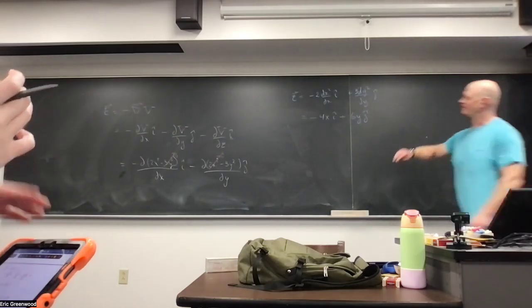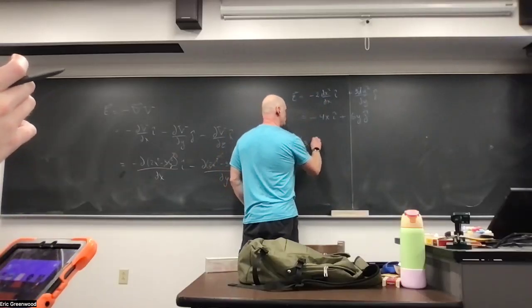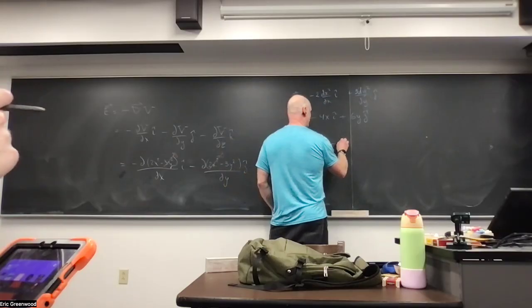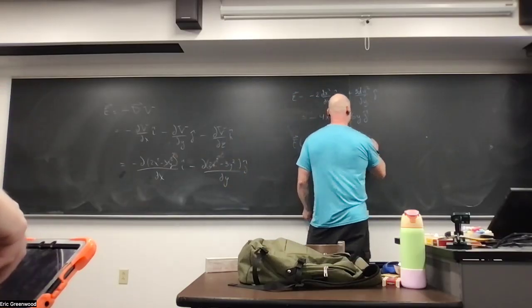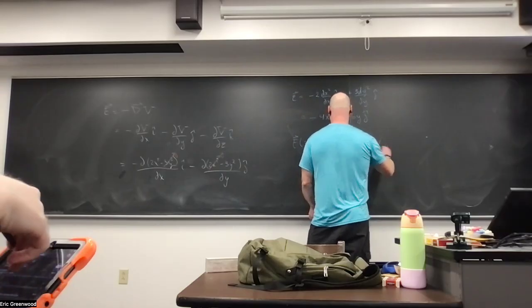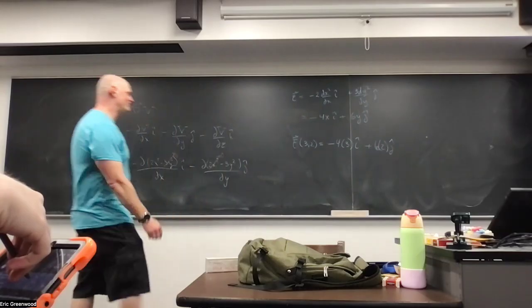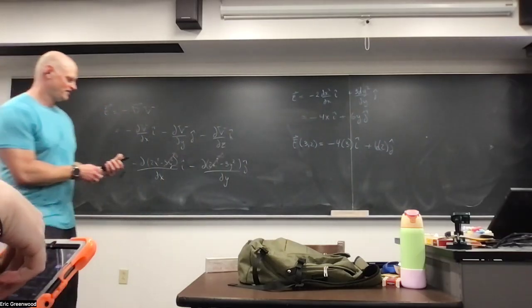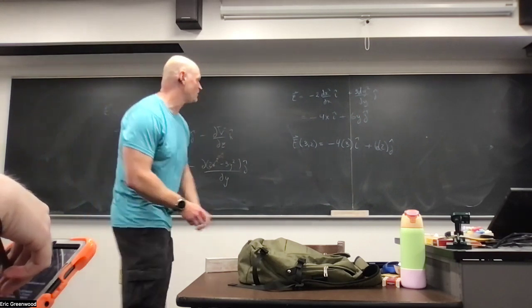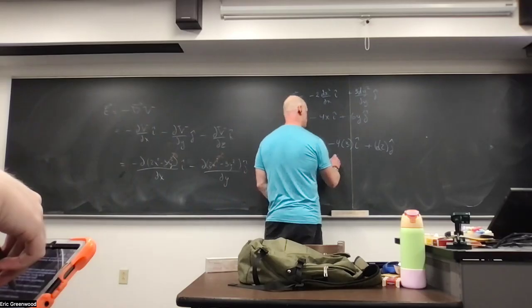So now all I'm going to do is plug in those 2 points here. So E at 3, 2 is going to be the same thing as minus 4 times 3 in the I hat direction plus 6 times 2 in the j hat direction. So anywhere I have an x, I'm just going to put in a 3. Anywhere I have a y, I'm going to put in a 2 and then call it a day. And now simply multiply. What's 4 times 3? 12. What's 2 times 6?